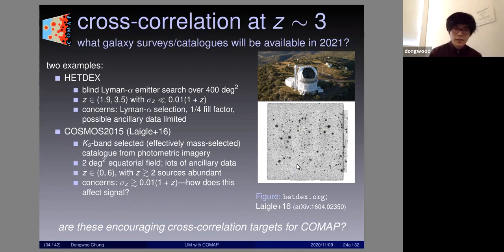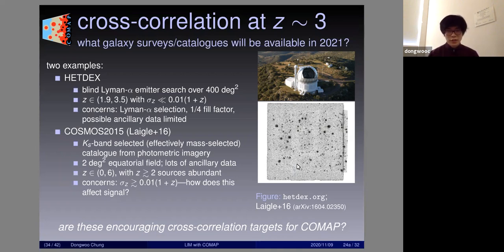There are some concerns, however, from the selection and the sampling, in terms of do we have enough sources in a CO map observing volume to cross-correlate against? And then, of course, HEDDEX is looking chiefly at the northern sky. It's not going to overlap with certain very attractive fields like COSMOS. So ancillary data could be limited in some cases. So that's a real concern.